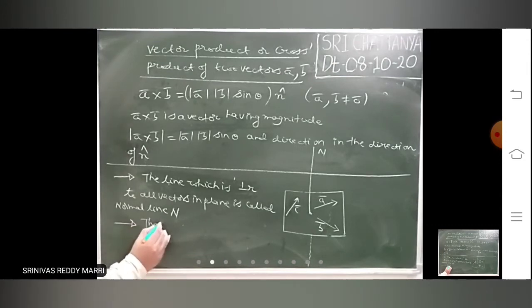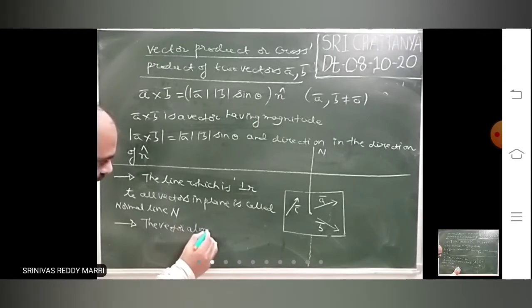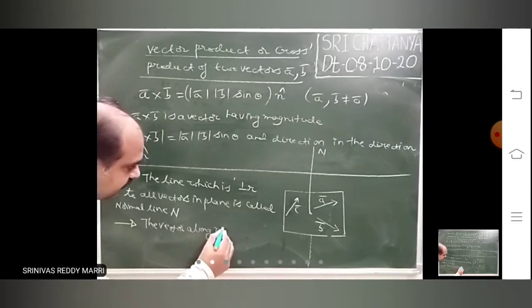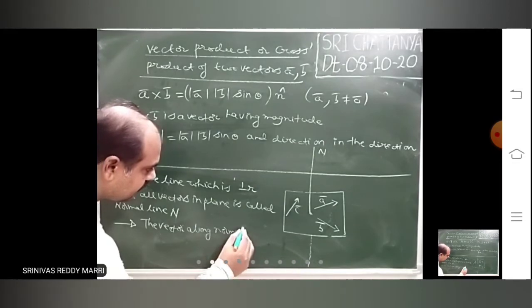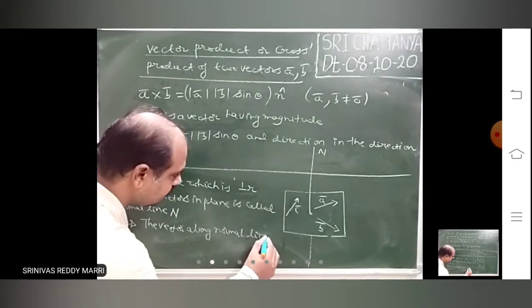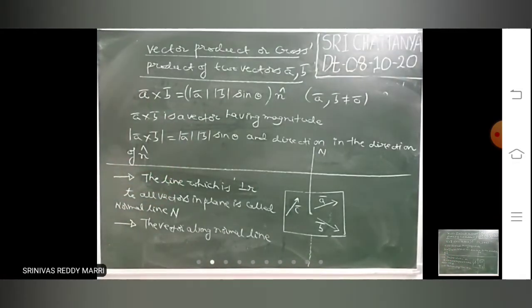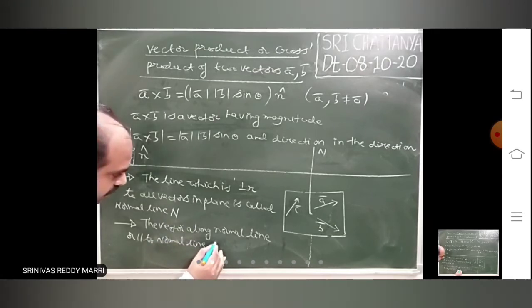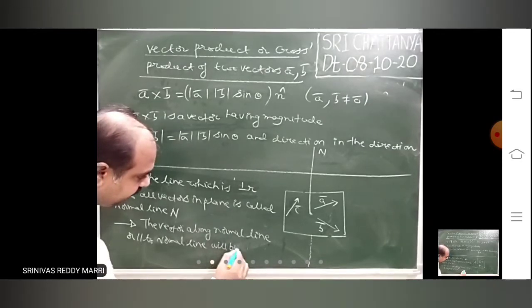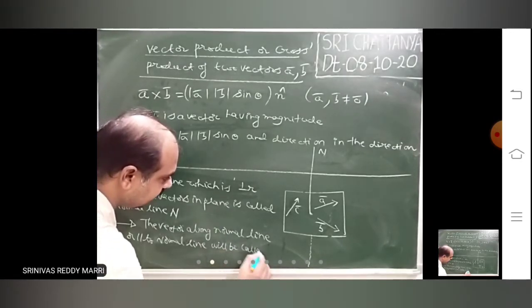So then the vector along normal line, or parallel to normal line, will be called normal vector.